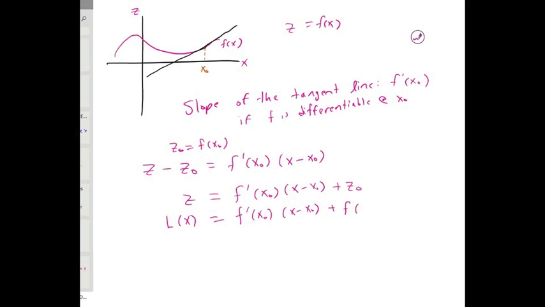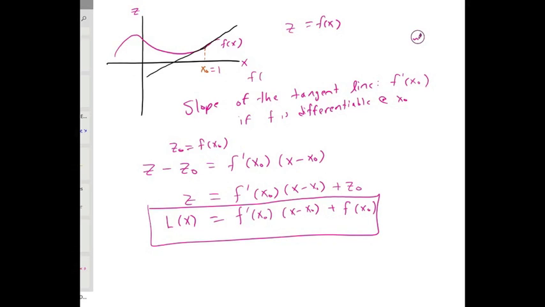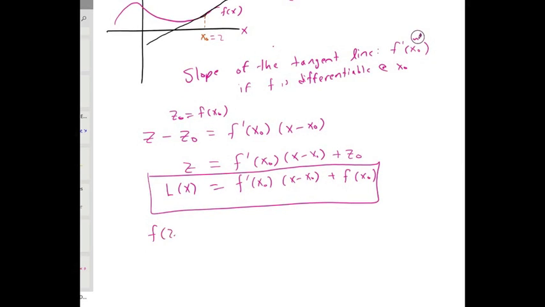And I'm going to write this as f of x0 here. So we linearized our function at some point x0 by turning it into a line, essentially, and we use this to approximate values close by. So if x0 was 2, we could approximate f of 2.2, for example, and f of 2.2 is approximately L of 2.2, which is f prime of x0 times x minus x0 plus f of x0.